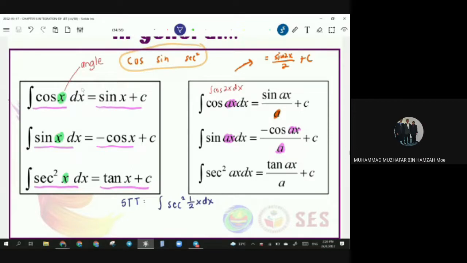Okay, so we got 5 answers. All of them are the same answer: tangent 1 over 2 x plus c. I believe that 1 over 2 is inside the tangent, right? It is the angle now.